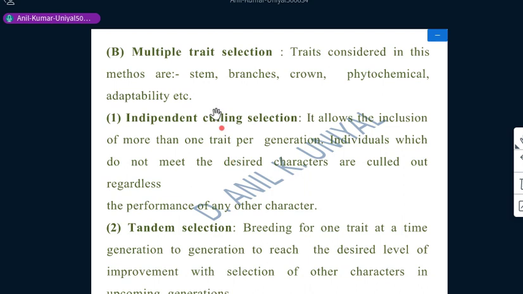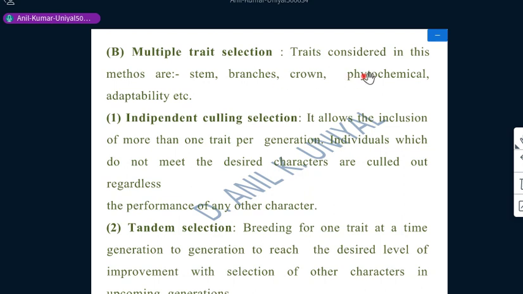Suppose we go for stem height or phytochemical status, upgrading one at a time. If we have got only the stem height character in F1, then in the next generation that F1 will be crossed with trees having the other character.